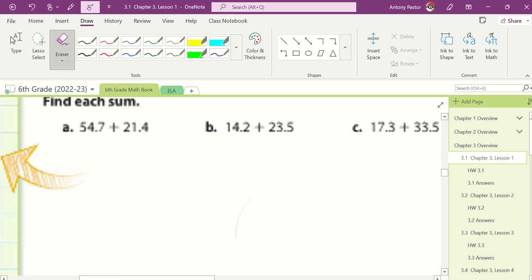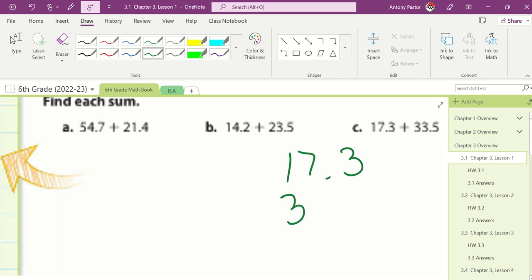And for our last example, 17.3 plus 33.5. Now, in all of these examples, we've been really lucky because they all have the same amount of digits in the right place values. But remember, you're always lining up the decimals.